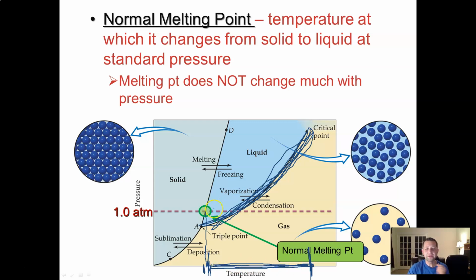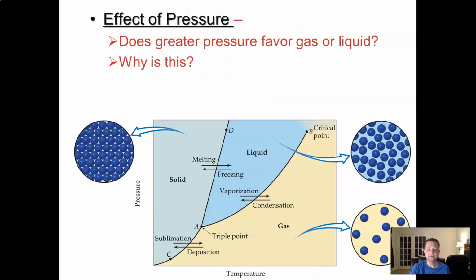Okay, but as your temperature changes, your melting point doesn't change that much. I mean, look, it goes from A to D. Okay, there's not a big range of temperature change at all in the melting point or freezing point. Huge range with the evaporation point.